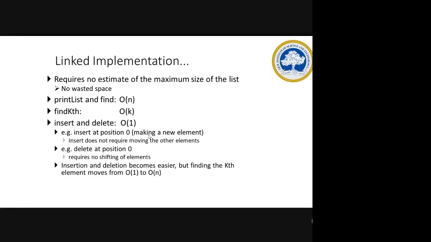Even for deletion, it happens only after finding that element. But see here, it is given that insertion and deletion become easier, but finding the kth element moves from O(1) to O(n). So when it finds a particular element or location, insertion just happens. Dynamically, at that time the memory space will be created and your element gets inserted.